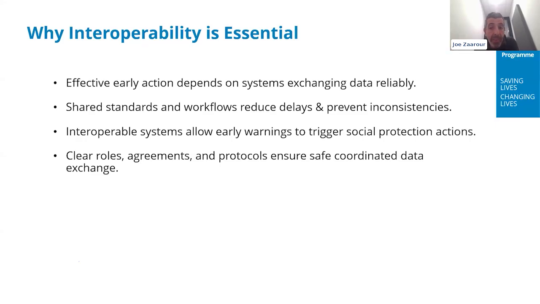What's most important as well is that for data to be exchanged, there need to be mechanisms of integration and interoperability, but also clarity on decision making, clarity on roles and responsibilities, and agreement, as well as coordination within whole of government and external partners. These are elements that we always see as important.